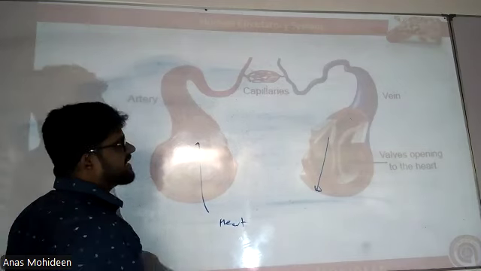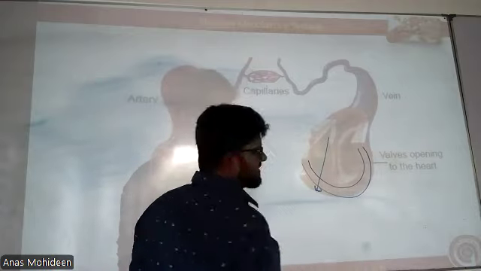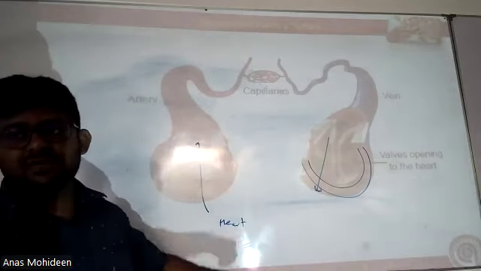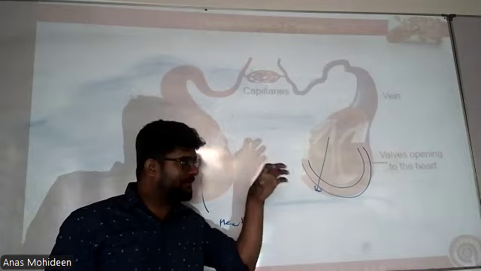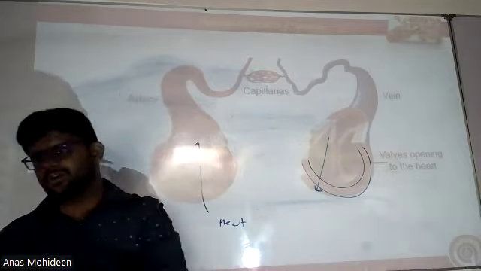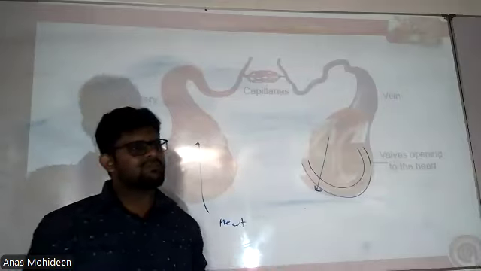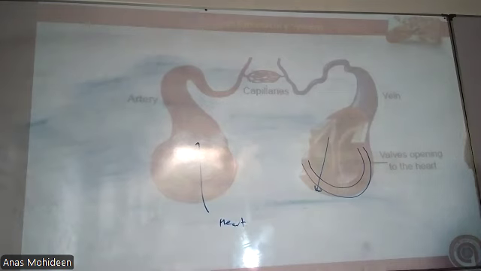Anyhow, now you see here the thickness of the vein is very less. Why? Veins do not have that much higher pressure because they are not pumping the blood towards the organs. Rather, they take the blood away from the organs, coming back at a relatively lower pressure towards the heart.